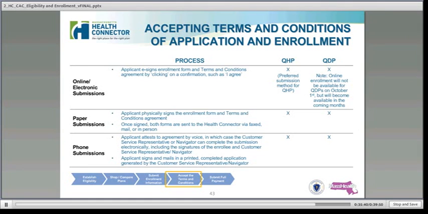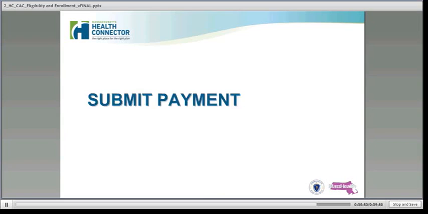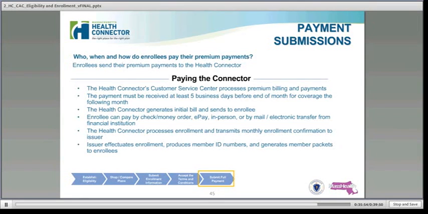Note that, on slide 35 there, after the 2013 to 2014 enrollment period, the state and federal open enrollment periods will be aligned and will run from October 15th to December 7th, starting in 2014, for an effective date of coverage beginning on January 1st of the following year.